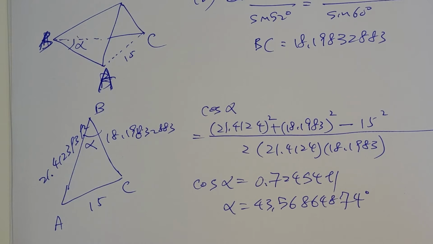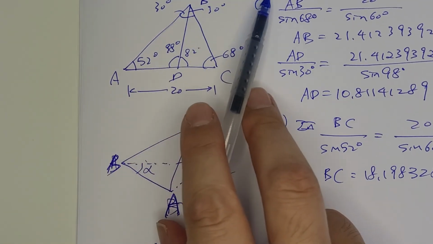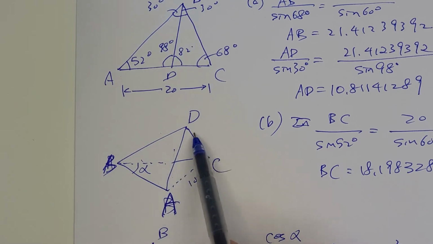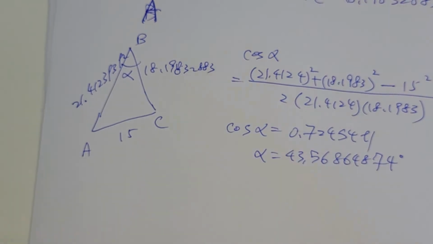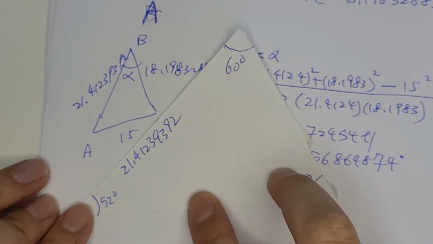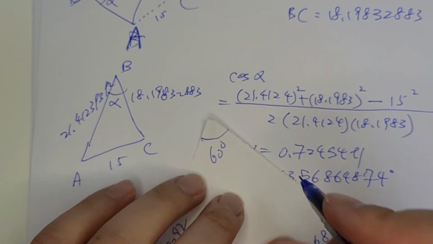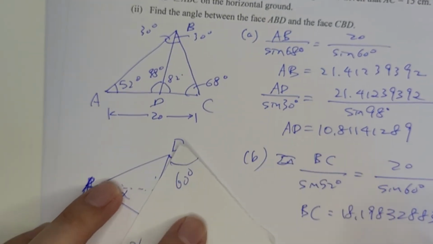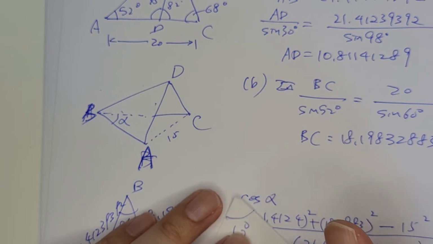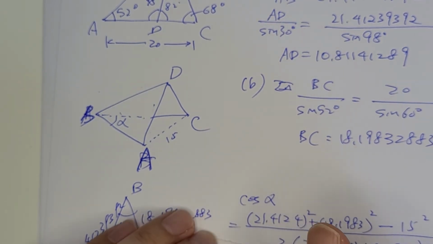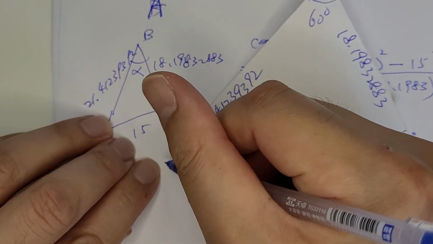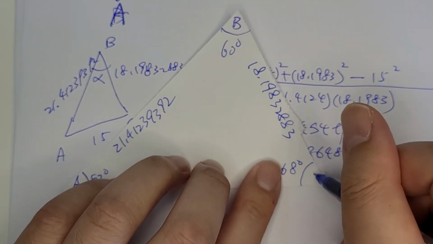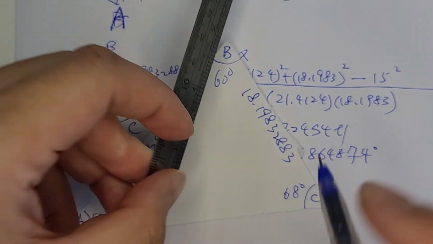And then go to B2. Find the angle between the face ABD and the face BCD. So how do we do this? Okay, what I'm doing is using the rubber sheet to draw the triangle like this. Draw the original one. This is quite useful for us to understand the situation. Okay, that's B, that is A, and that is C, and that's an angle bisector BD, right?